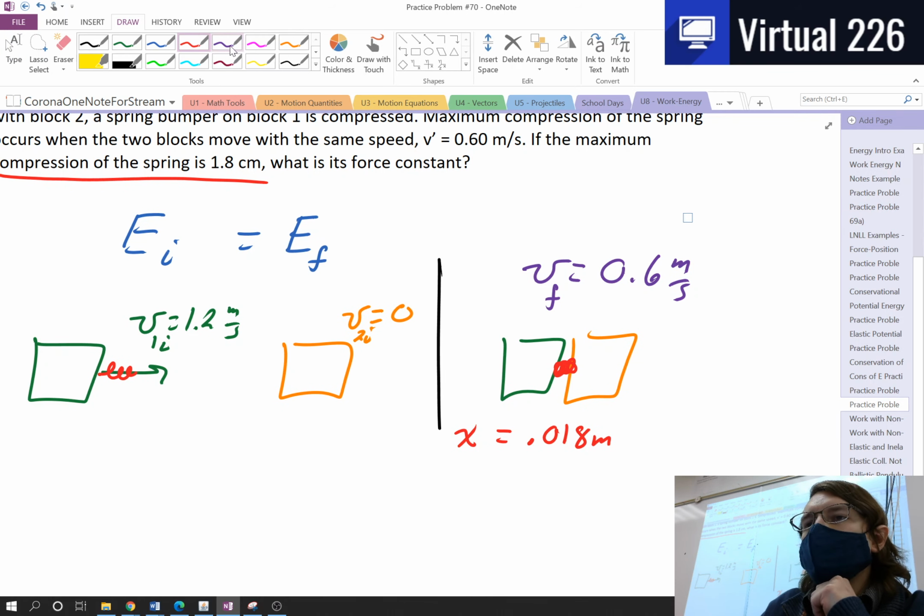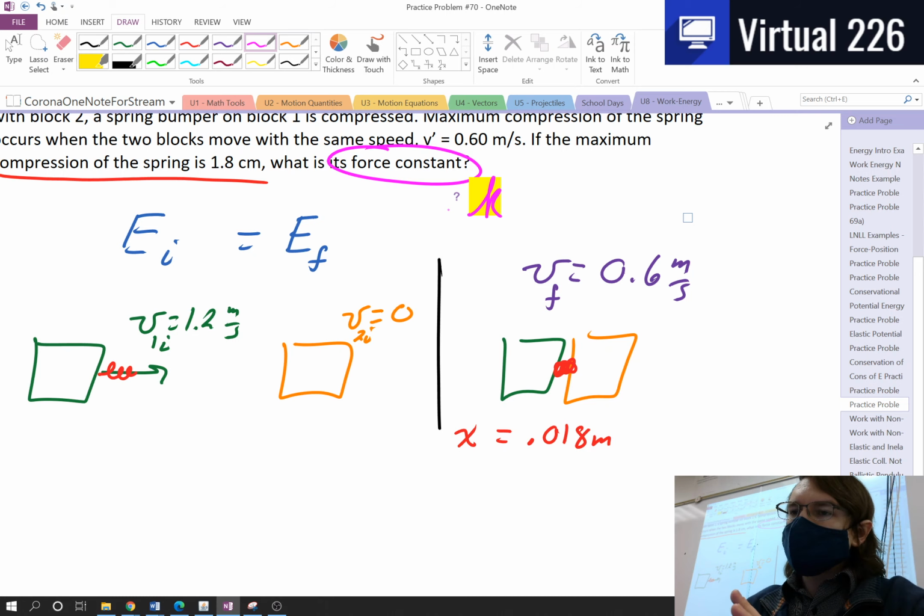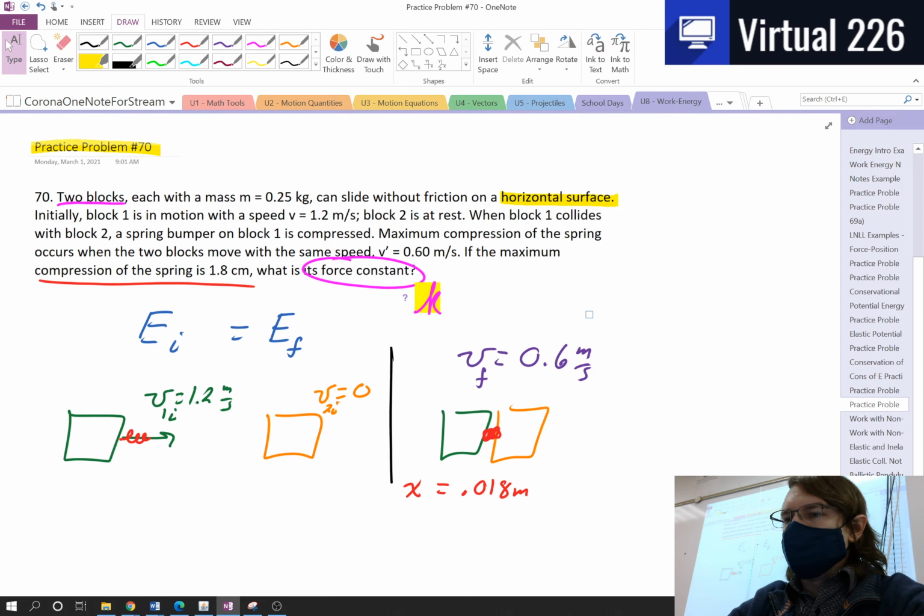What we're trying to solve for in this problem is the force constant of the spring, or that spring constant. We're looking for k. How strong is that spring? So if we're looking for the spring constant here, let's use our conservation of energy to set this up.